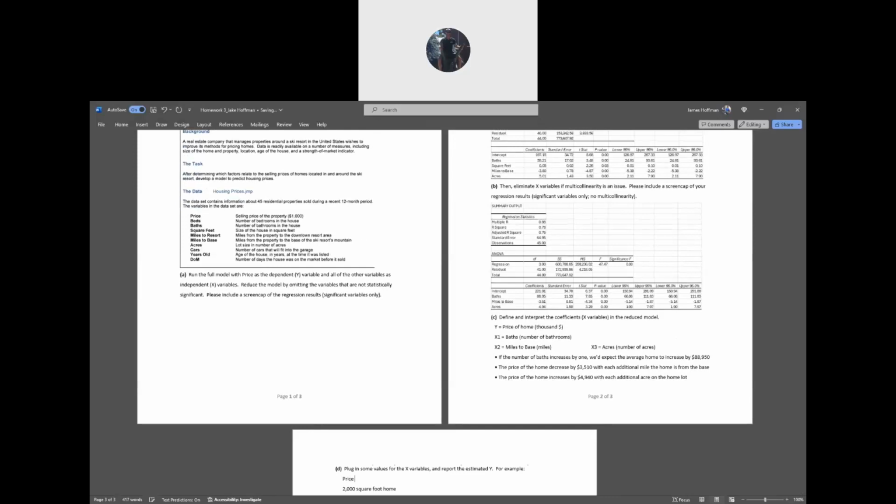So price equals 197.15 plus 59.21 times baths plus 0.05 times square feet minus 3.80 times miles to base, and then plus 5.01 times acres.